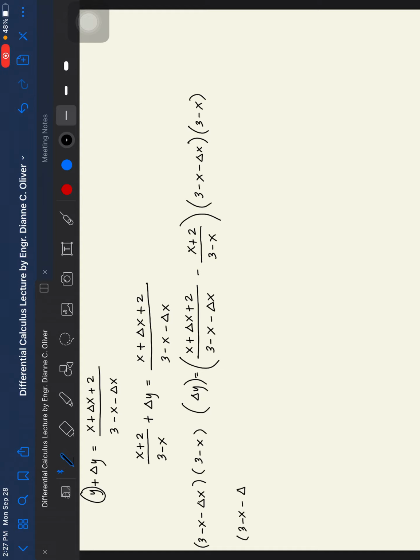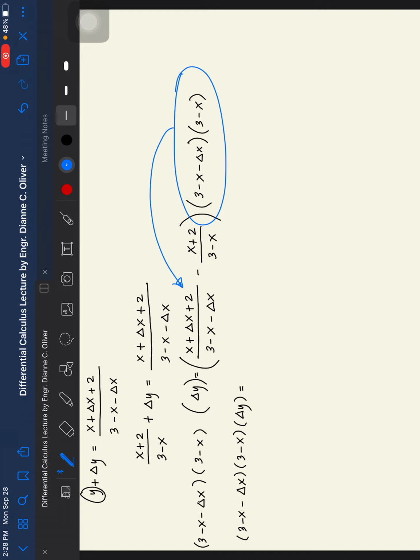So we have (3 minus x minus delta x)(3 minus x) times delta y equals... if we multiply this in the first term, what happens? The denominator 3 minus x minus delta x and this numerator will be cancelled. What's left to be multiplied is 3 minus x.